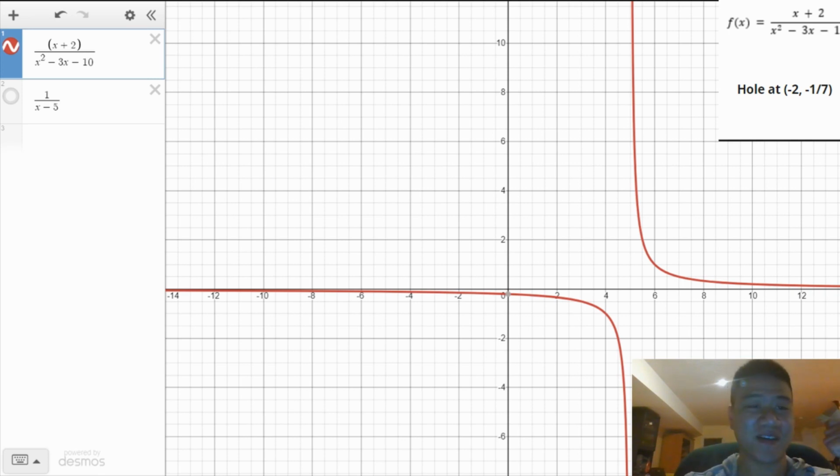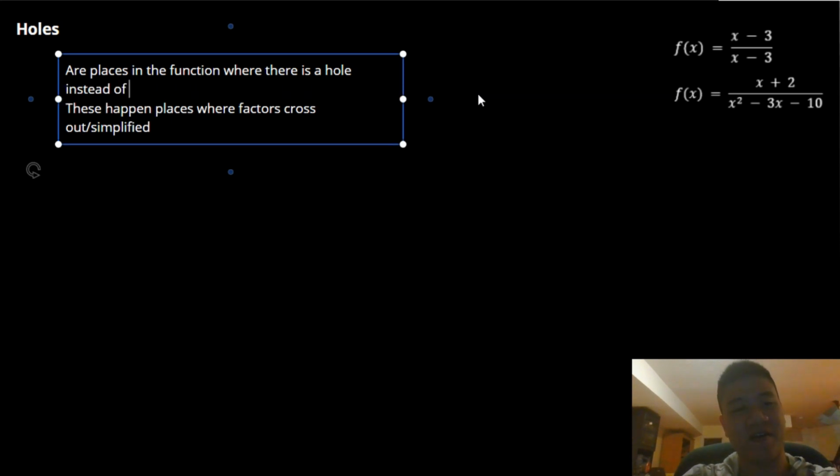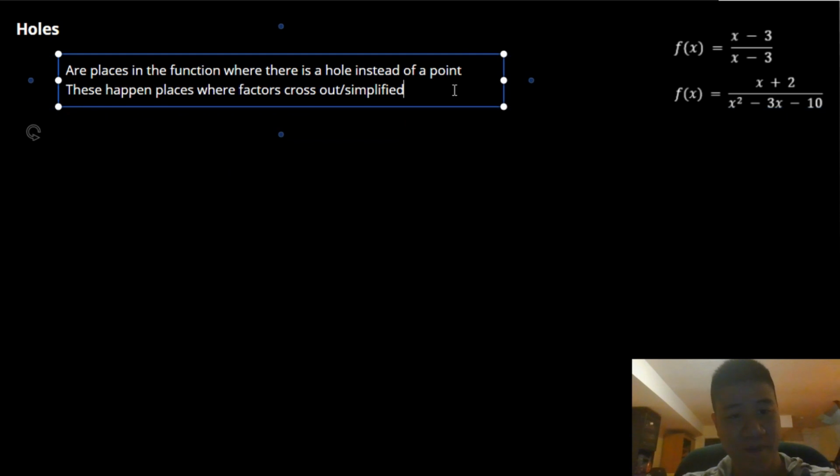So yeah, that's it. Those are what holes are. So just to reiterate what holes are, these are places in the function where there is a hole instead of a point. Okay, these happen where factors are crossed out or simplified.